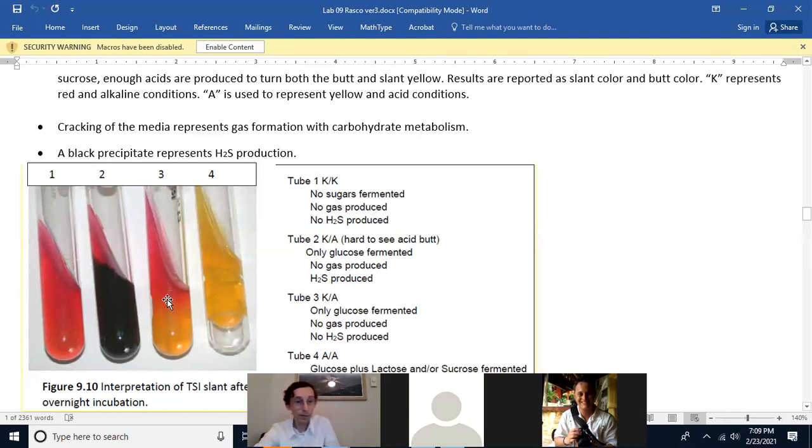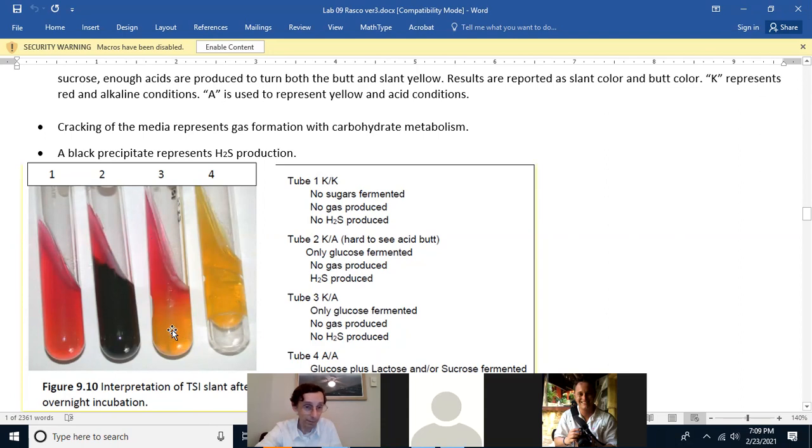So once again, only glucose is fermented, and initially if we would have looked at this earlier, this would have been yellow, but when all of the glucose is used up on the slant, the bacteria start digesting protein, which raises the pH and makes it basic here, but there's still some glucose here to be metabolized, and so this remains yellow in color.